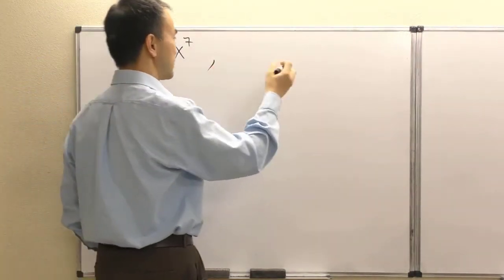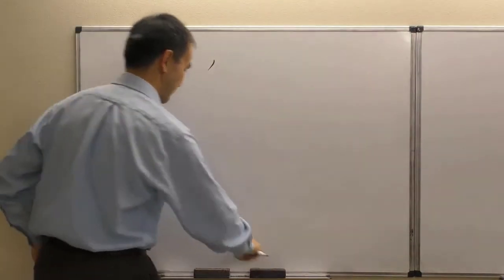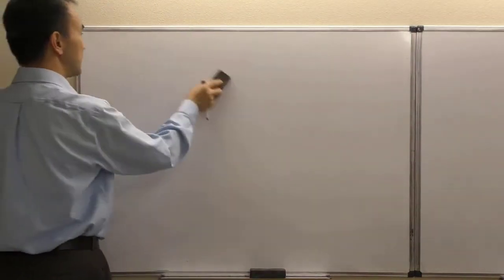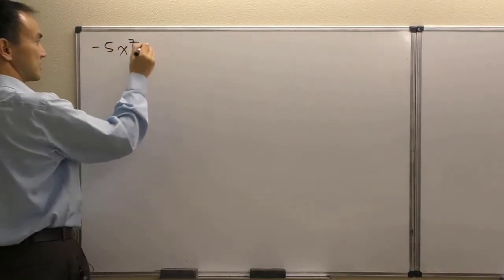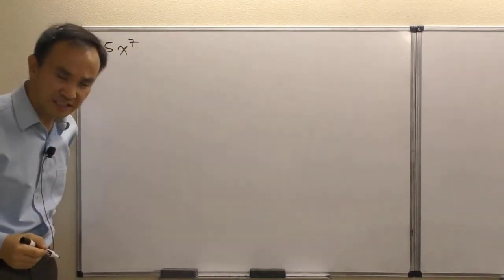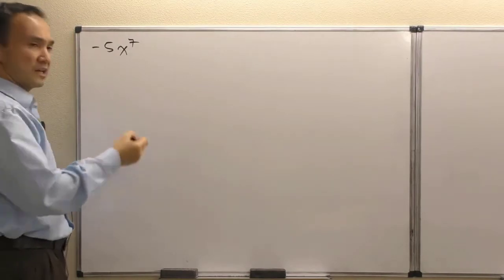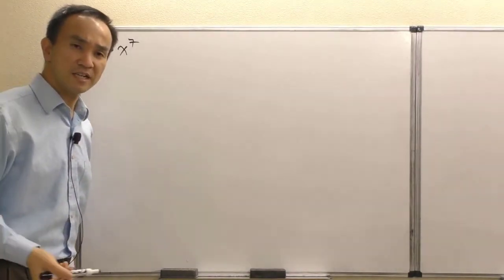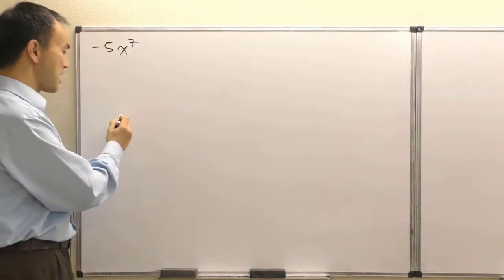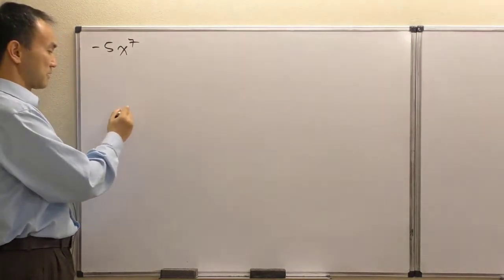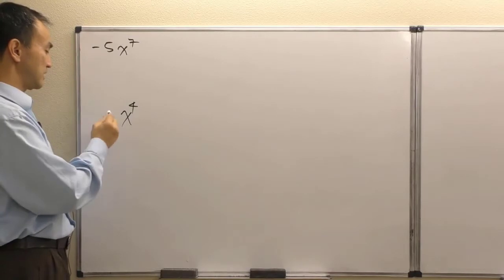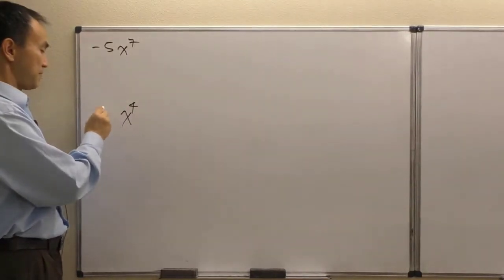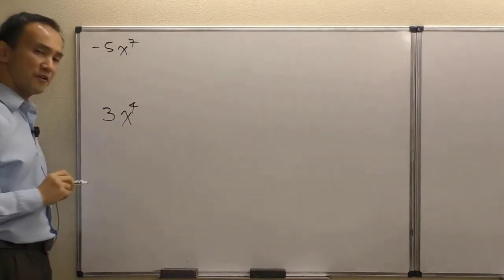Let me write it a little further to the left right here. So minus 5x to the 7, something that came out from my own creativity. And then I'll come up with another power function. Let's say x to the 4th power, and here I'm going to use a coefficient 3.